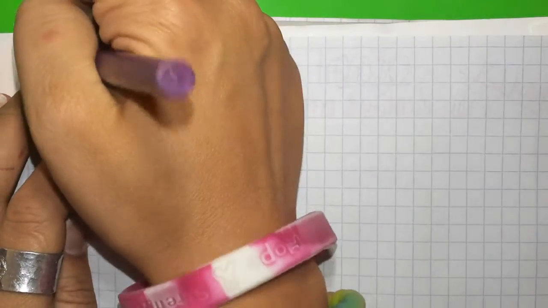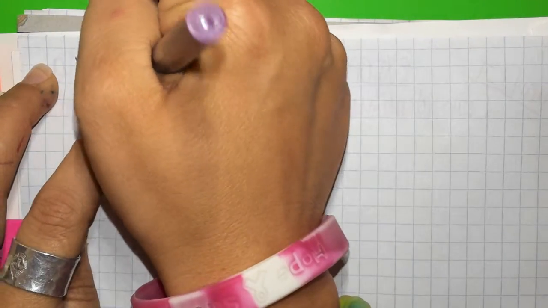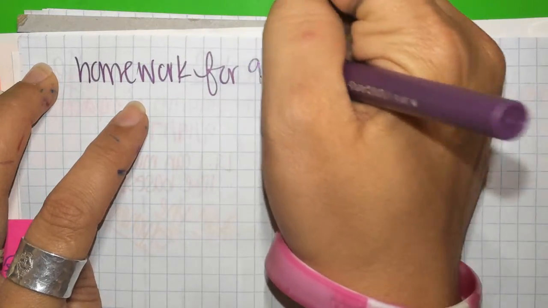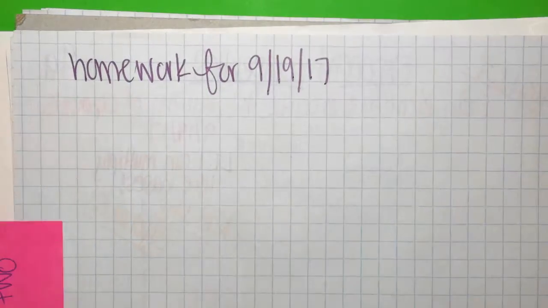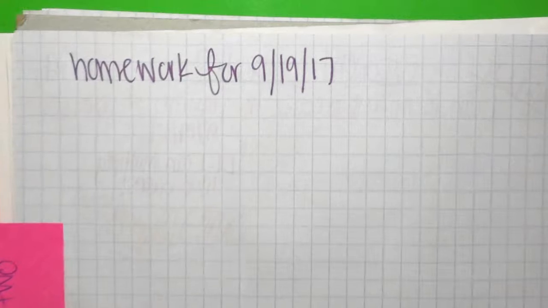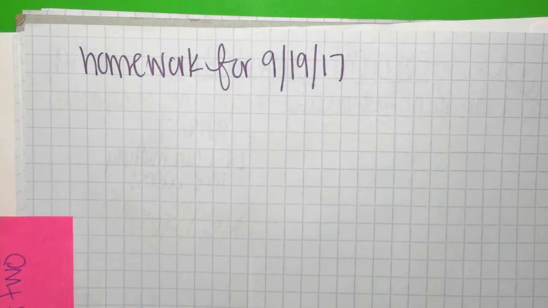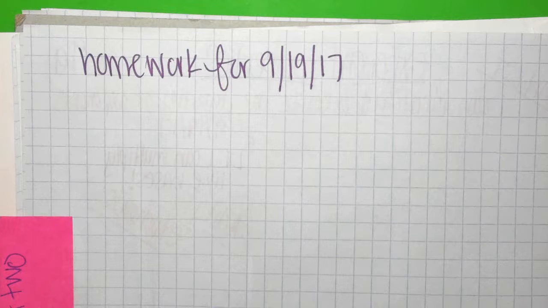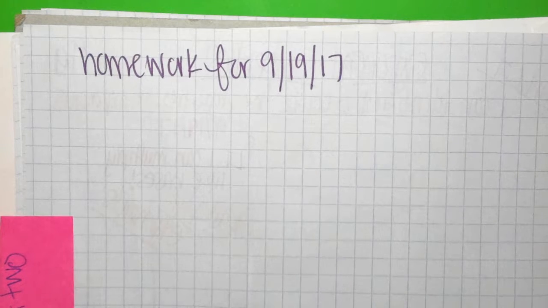All right, so I want you to write homework, HW, for 9, 19, 17. And you're going to work on it when? Right now. Today, tonight. You're going to finish it tonight, but you're going to start on it right now.